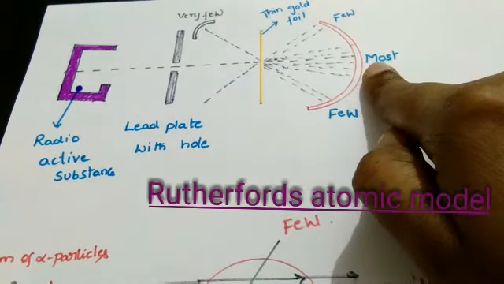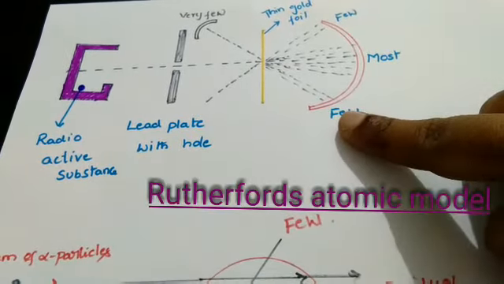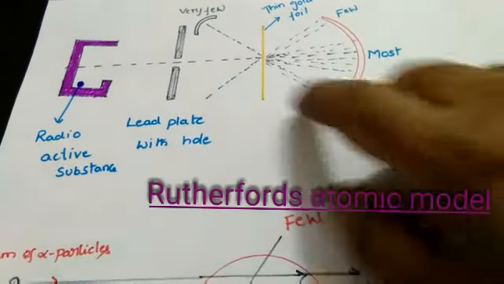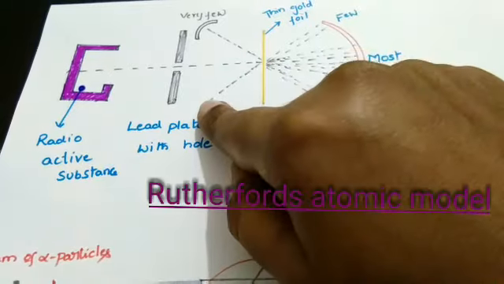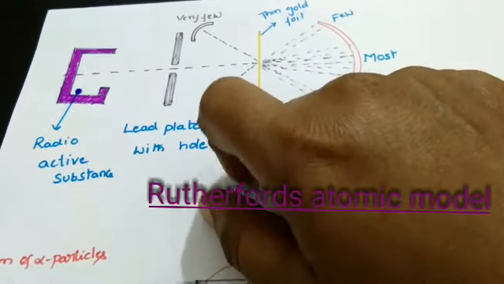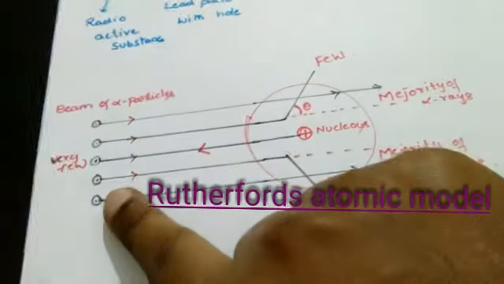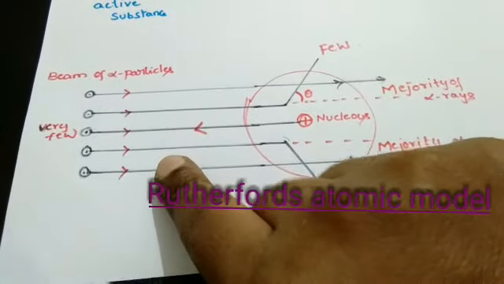Some of the alpha particles passed very close to the center of the atom, and very few particles are coming back at 180 degrees. Like this, these are the beam of alpha particles.